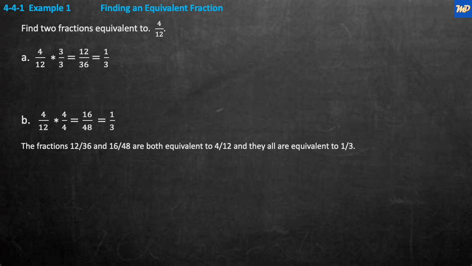Well, 16/48 is the same as 4/12 and is the same as 1/3. These are all equivalent fractions. The fractions 12/36 and 16/48 are both equivalent to 4/12, and they are equivalent to 1/3.